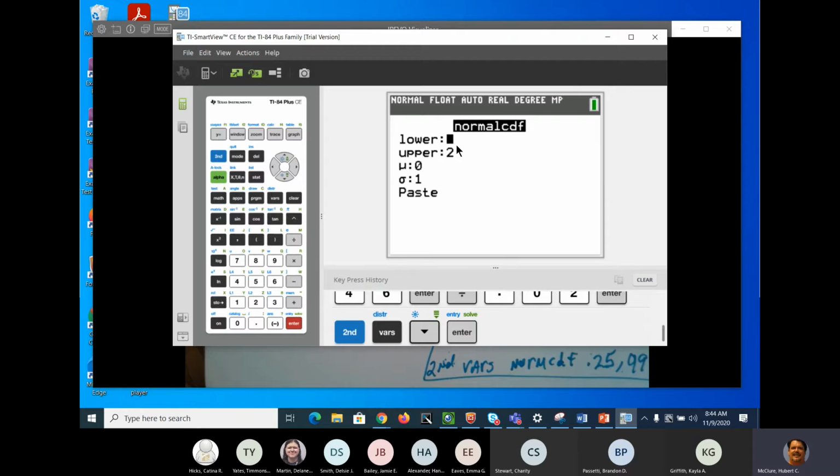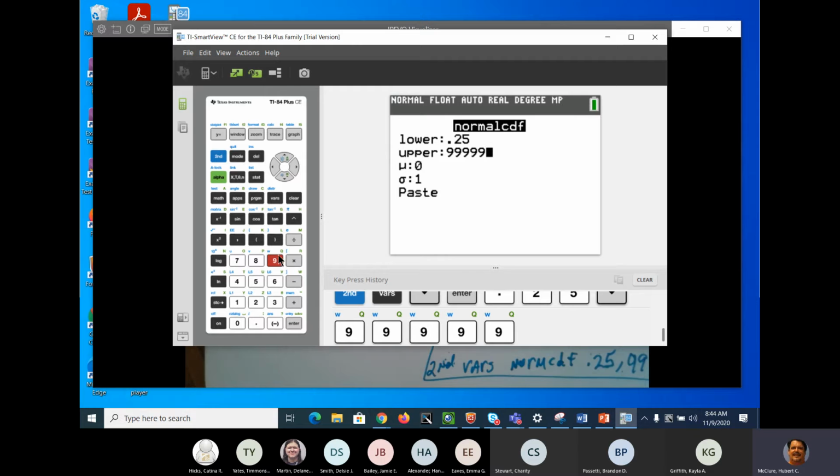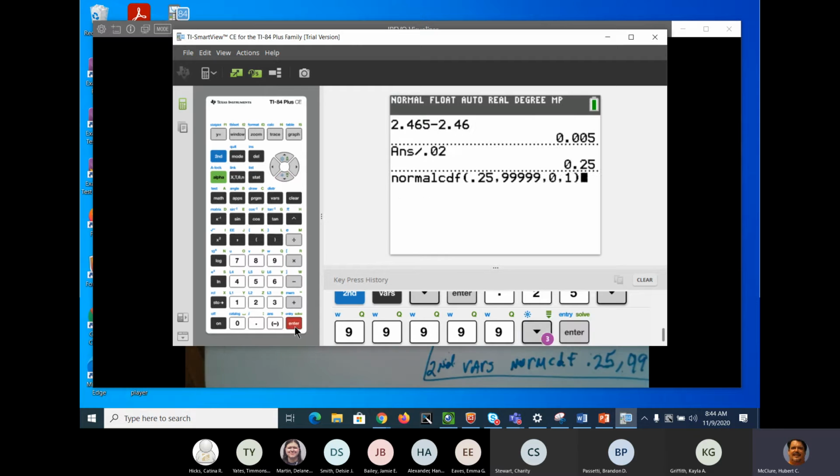And then your lower is 2.465 and then 9999. Okay, that would be your newer calculator. But since we found 0.25 and 9999, and paste.